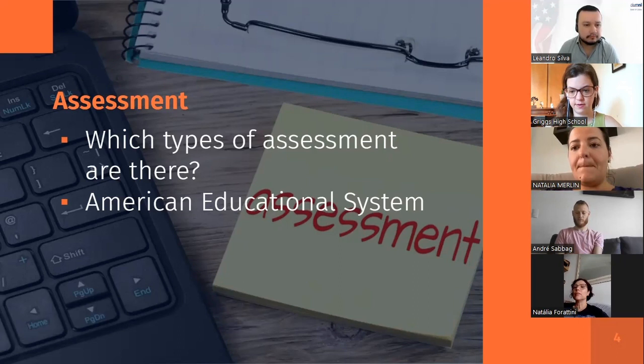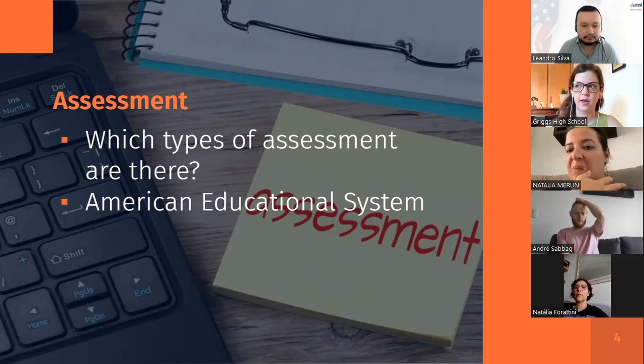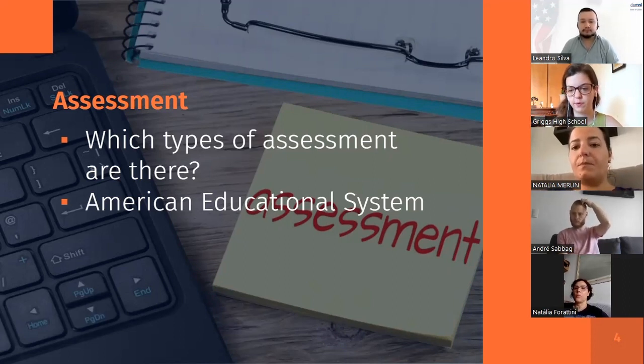Like Natalia said, ongoing assessment. So we count all of these things for a daily assessment, apart from the final exams, apart from the big projects.